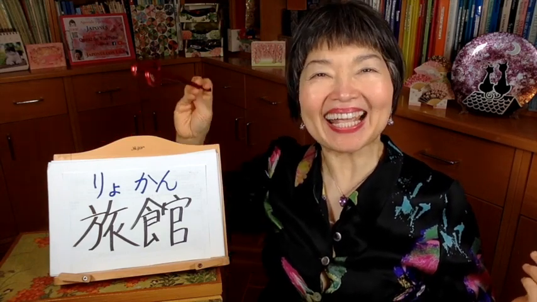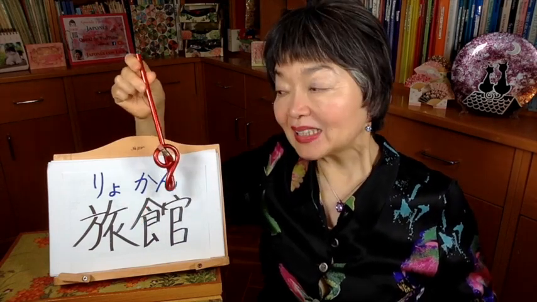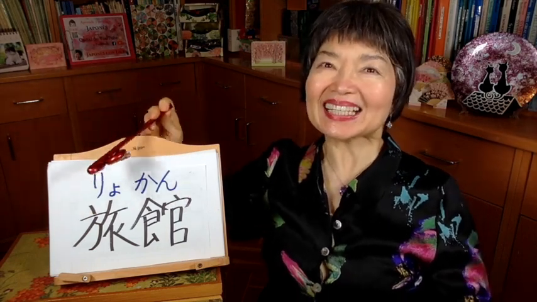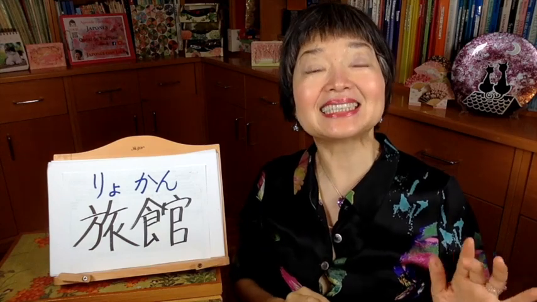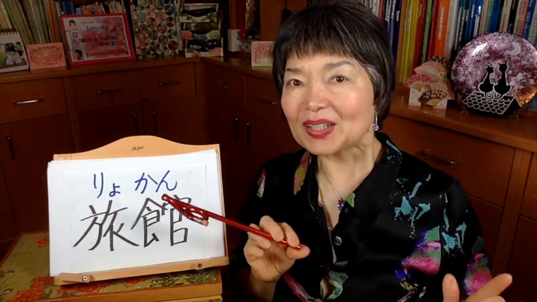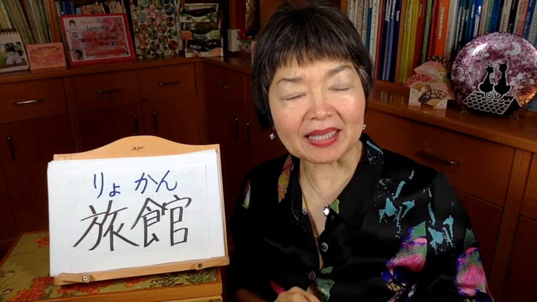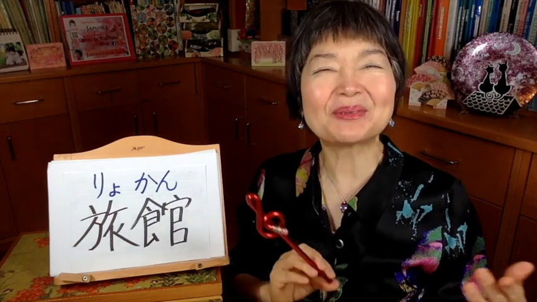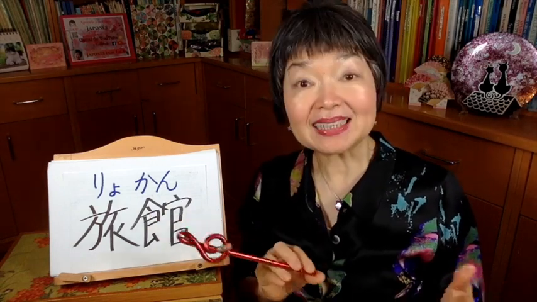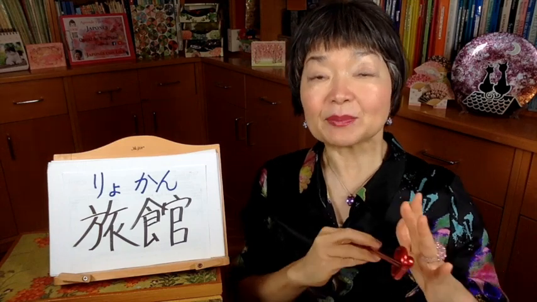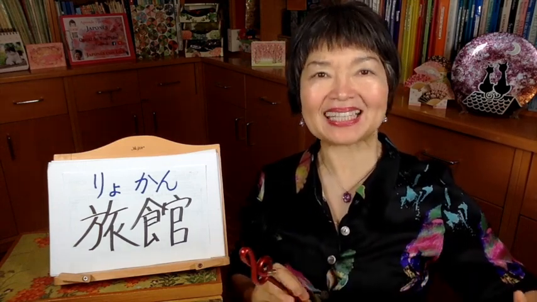Do you remember? This 館 is building. Trip building. 旅館 is a Japanese style inn. I already made a video about 旅館, so maybe you can watch it too. It is like a hotel but totally Japanese style.